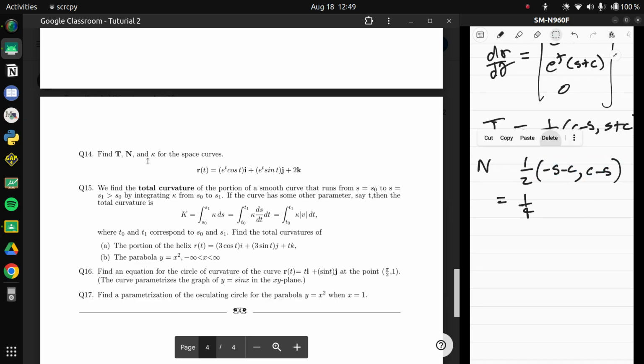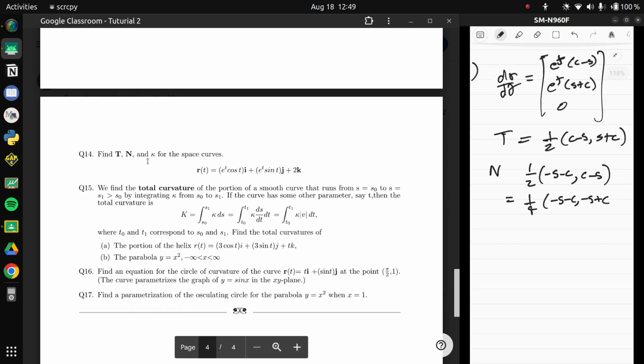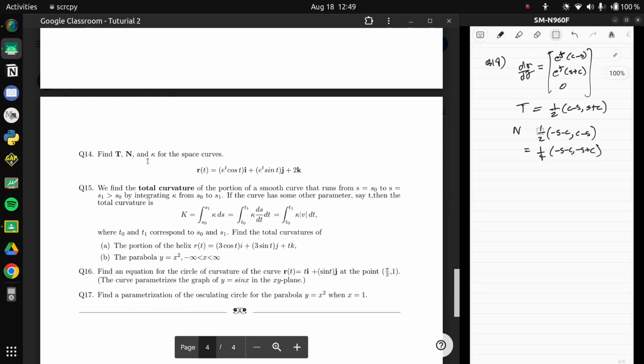It's not equal to that, but rather just the negative of that. So it's 1 by 2, which is a negative of that. It's minus sine minus cosine, minus sine plus cosine. That's what this N vector is.